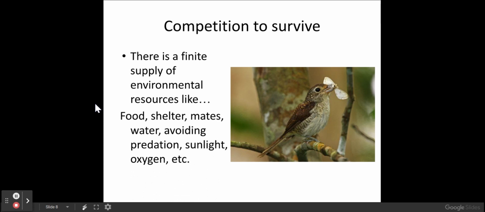What organisms might compete over sunlight? If you said plants, you're right. So plants are also competing for resources. Oxygen, if you're in an aquatic environment, that's going to be something that may become limiting.